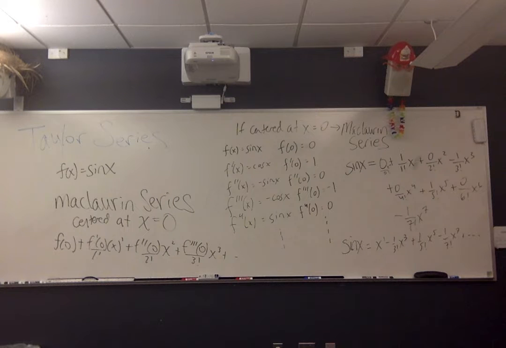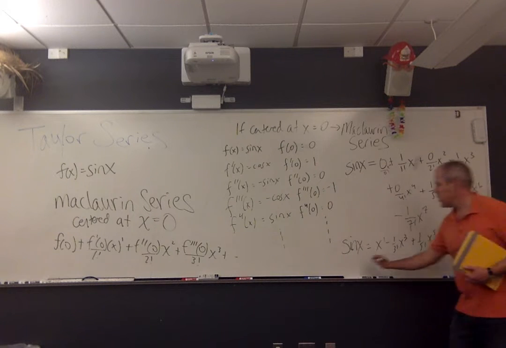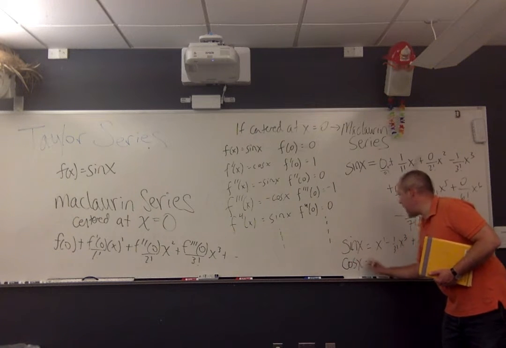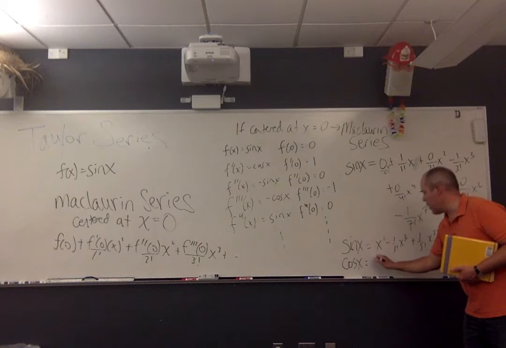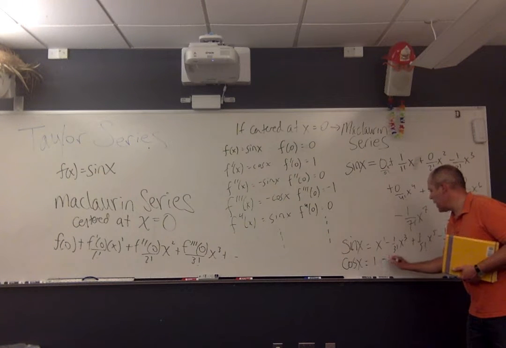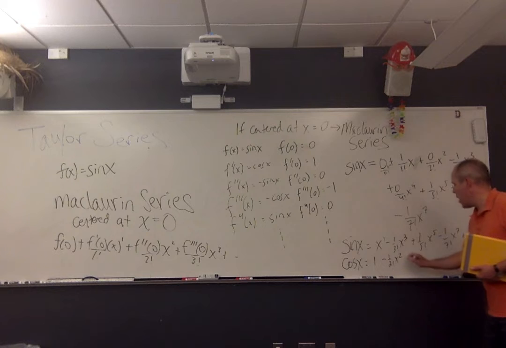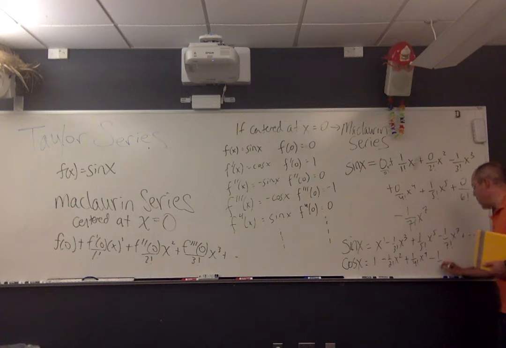Tell me about sine as a function. It's an odd function, going back to our trig identities. So sine is an odd function. Guess what cosine's going to be? Even. Exactly. So cosine of x is going to be 1 minus 1 over 2 factorial x squared plus 1 over 4 factorial x to the fourth minus 1 over 6 factorial x to the sixth, etc.